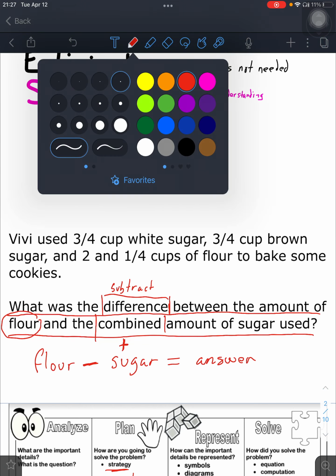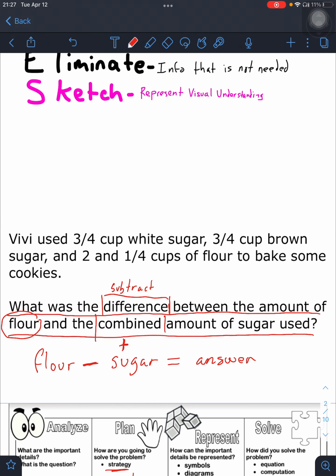So when I'm circling my important information, I have to differentiate between the sugar and the flour. So there's 3/4 of white sugar and 3/4 of brown sugar. So I have to add the sugar together. That's my first step. And then I have to subtract it from the total of flour.